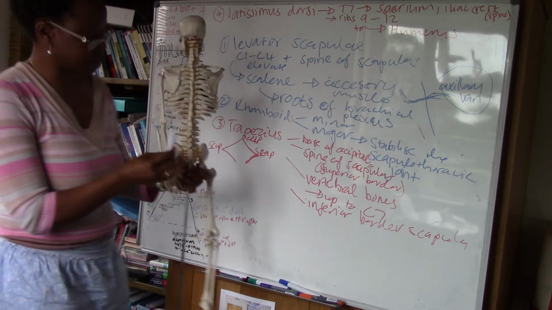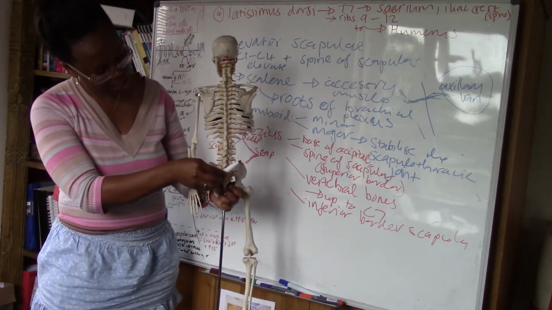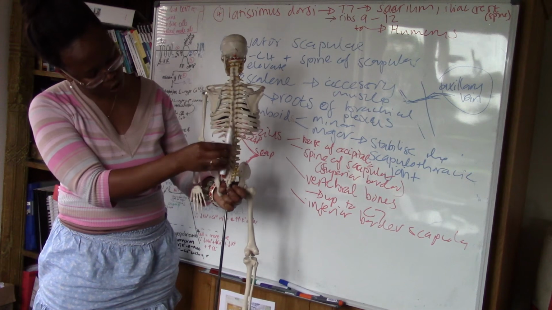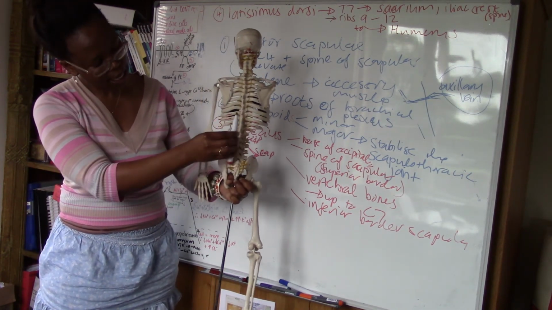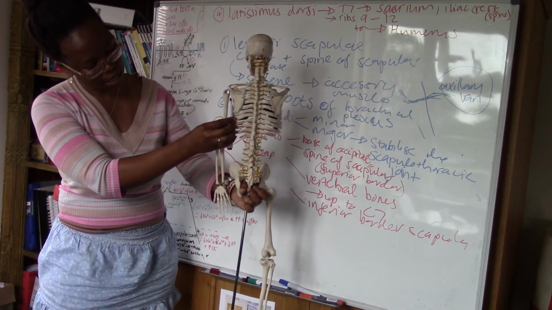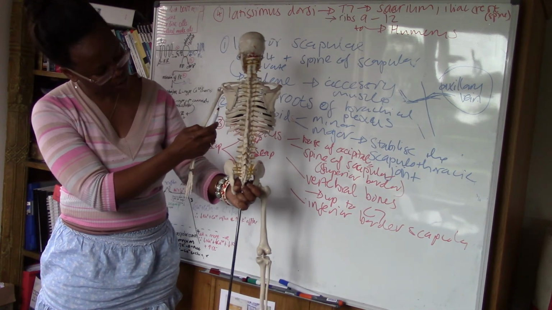As it extends all the way from the inferior aspect of the human body, it then extends laterally to find its attachment on the humerus.